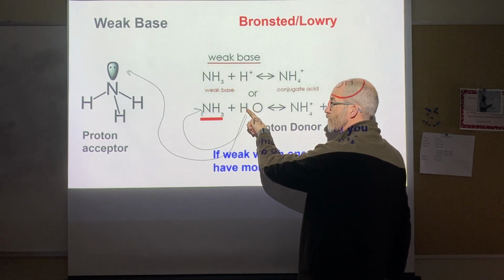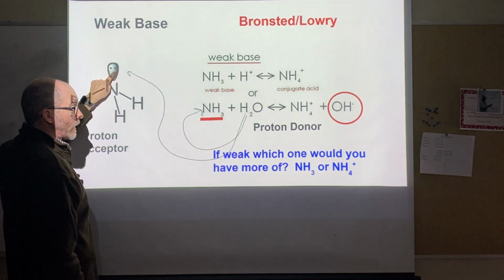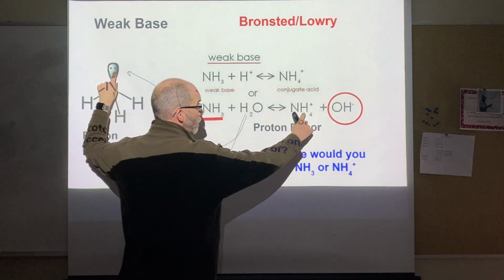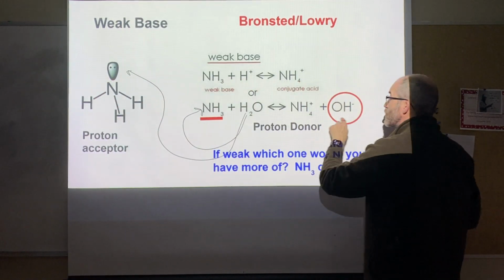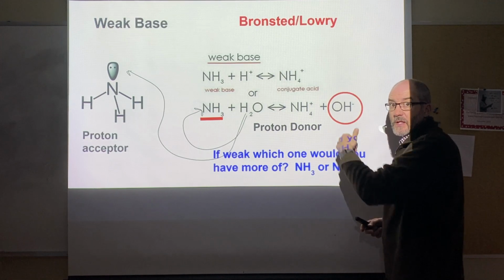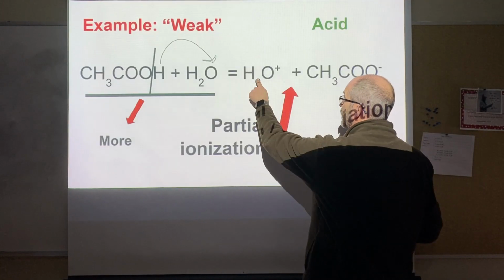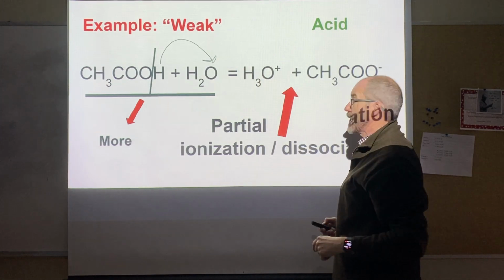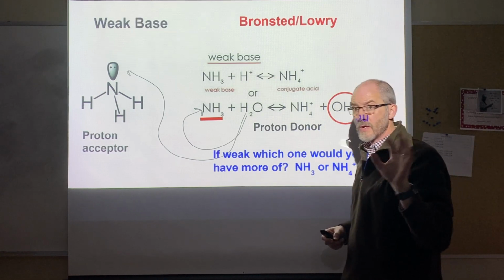One of the H's from water is attracted to this lone pair. Okay, well, what does that create? It creates NH4+. Well, what else does it create? It creates OH minus. So because you have OH minus, it's definitely a base. I mean, don't lose sight of the fact that if you have hydronium, you're an acid. If you have hydroxide, you're a base.